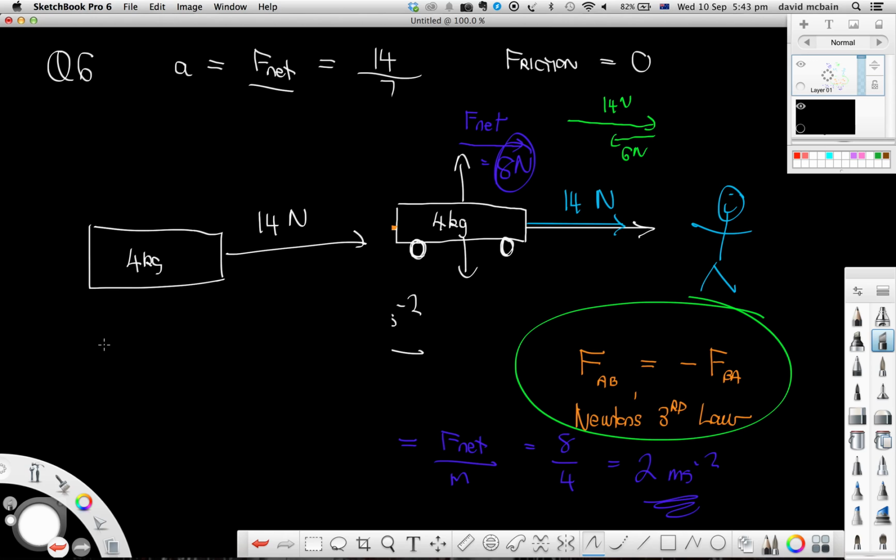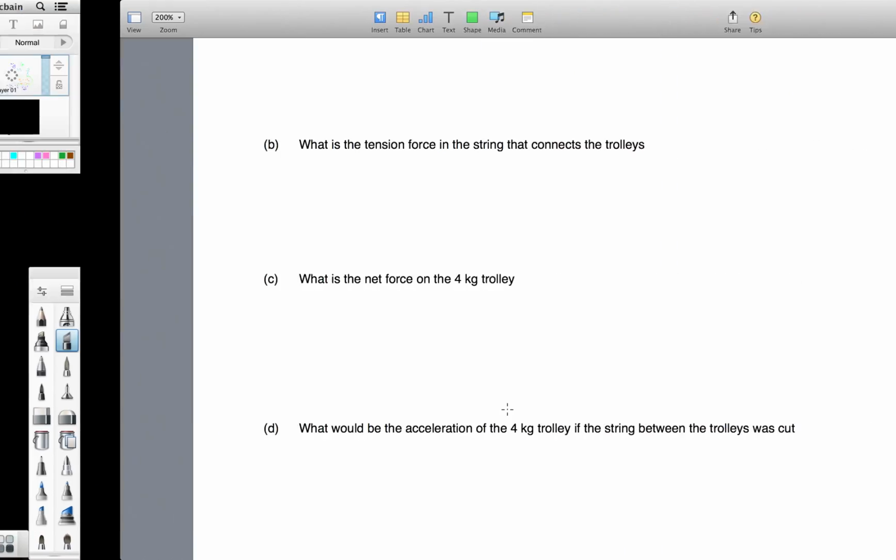What's the acceleration? Well, it's the net force over the mass, which is 14 newtons divided by 4, which is 3.5 meters per second squared. So there you go. That's question 6.